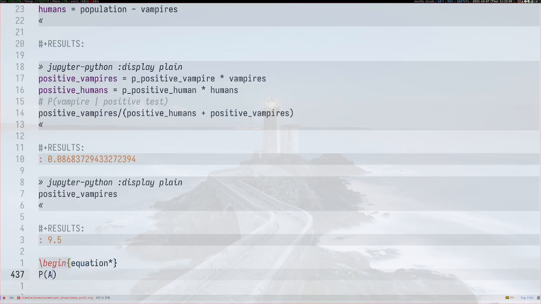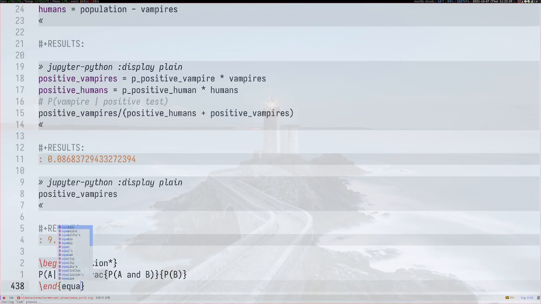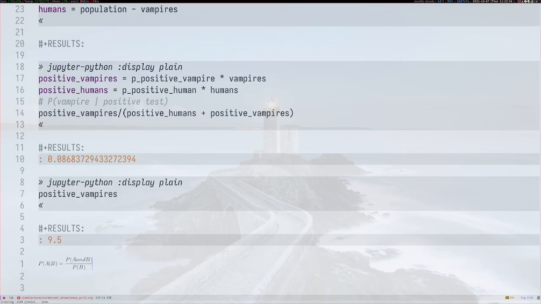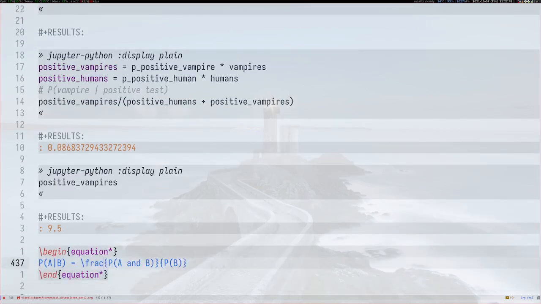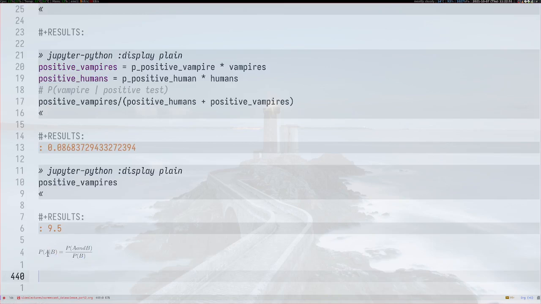Bayes equation says the probability that we have A conditional on B is the probability that we have A and B divided by the probability of B. In our case, it was the probability that I have a vampire and a positive test, divided by the probability of a positive test.